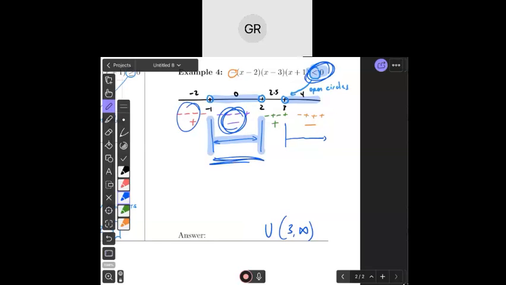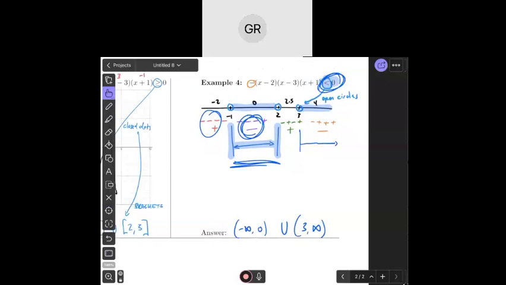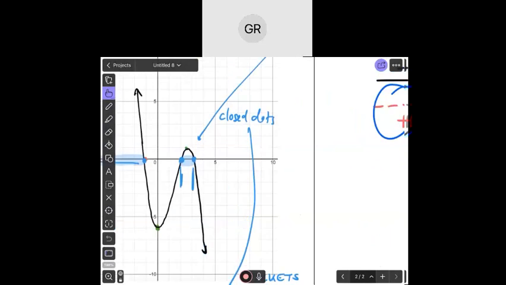I would put parentheses, negative infinity, and then I'd put 0 parentheses. Okay. So what you need to be looking at here, Grant, is it's more like this.